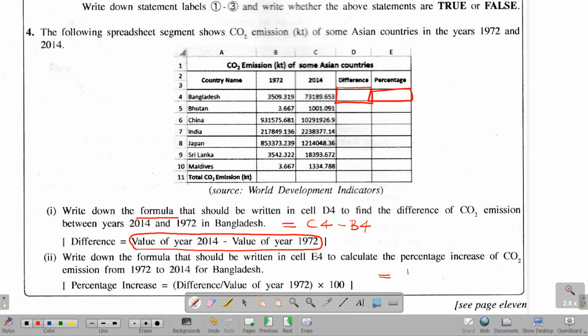So we can say equals D4 divided by the 1972 value, which is B4. We should have the brackets and the star mark and the 100. So D4 divided by B4 into 100.